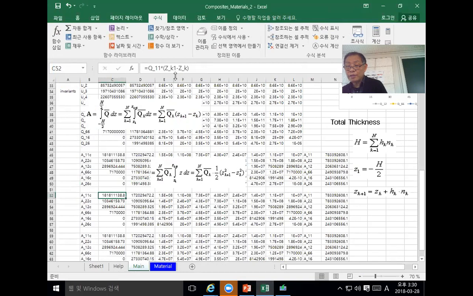So all you need to do is that here you have a square, and divide by 2. And let's do that, and here, and here.